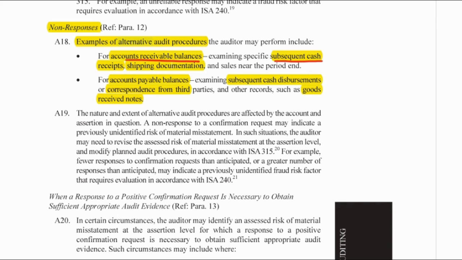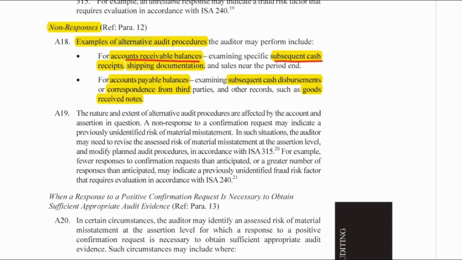Okay, and all it says is go and look at receipts received post year end. Go and trace it to the documents to see when the risks and rewards transferred for that receipt, and then see if that receipt relates to a balance at year end, because then it proves the existence of that balance at year end, at least for the portion of the receipt.